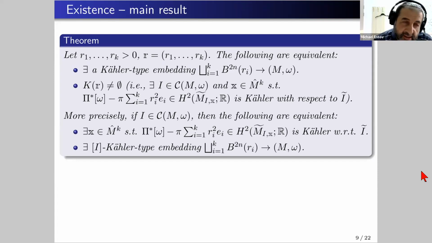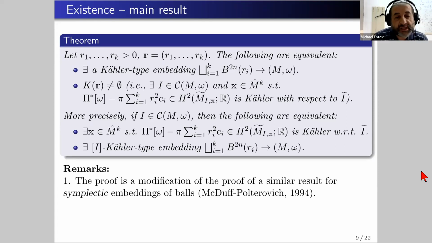And this is equivalent to the existence of a Kähler-type embedding of the balls into M. So Kähler-type embeddings are I-Kähler-type for some I. So in principle, you can say more. If you have a particular I and you wonder whether there exists an I-Kähler-type embedding, then you have to check that you can find some points for which this homology class is Kähler. Okay, so that's the existence theorem.